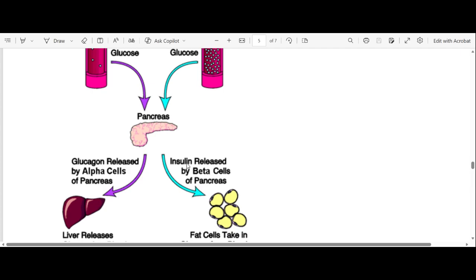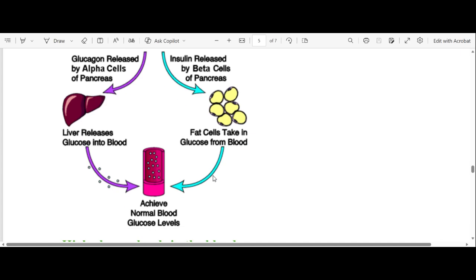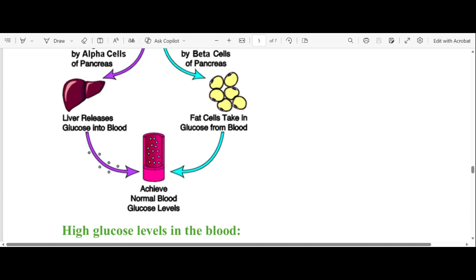The insulin will be transported to your liver. Then the liver will convert glucose to glycogen, allowing your sugar levels to decrease back to normal.